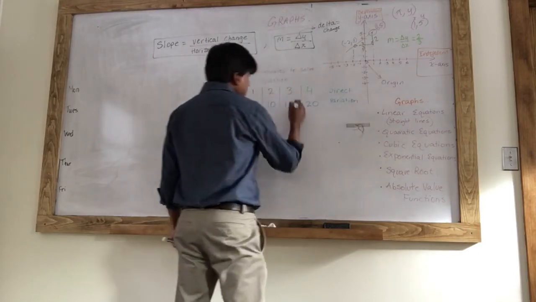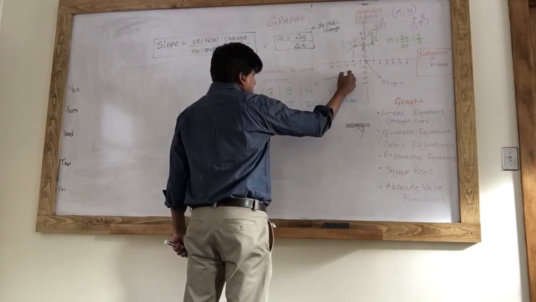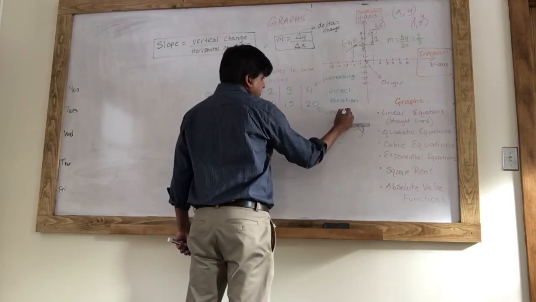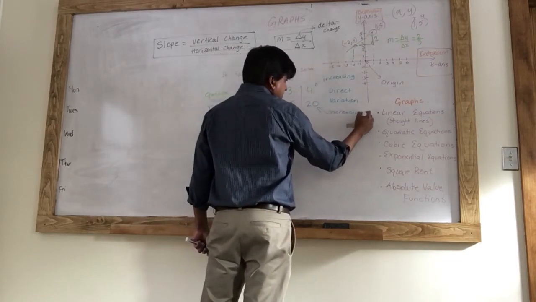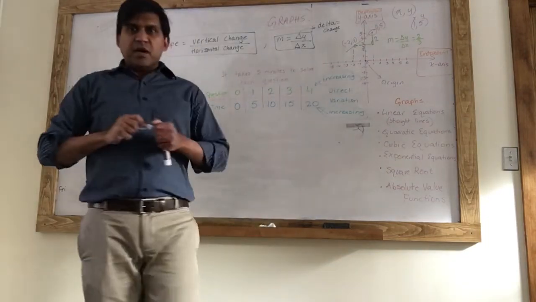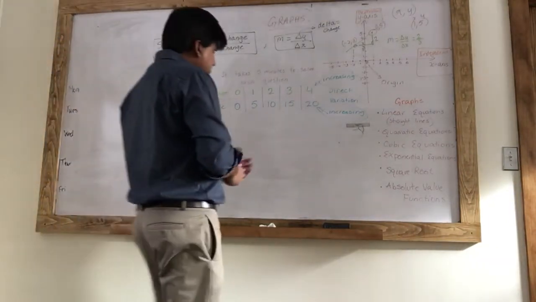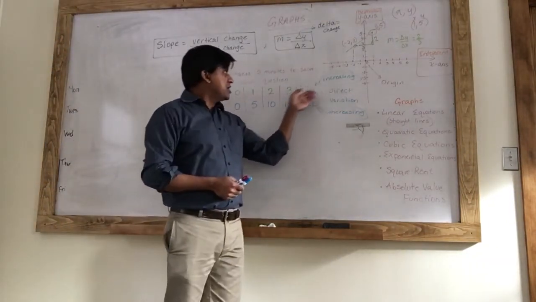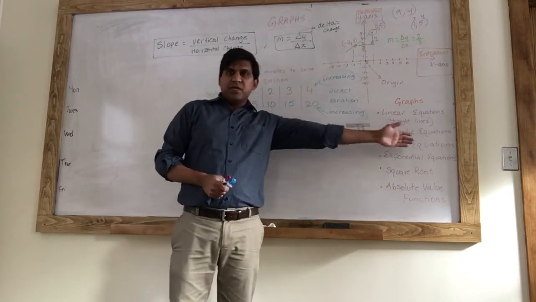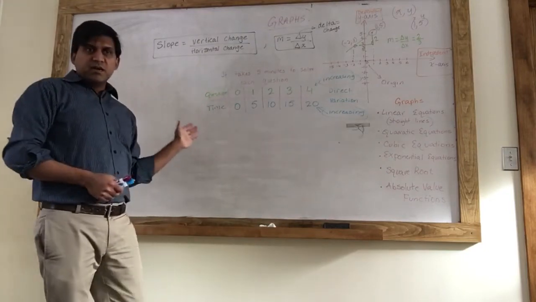So what happens over here is that this thing is increasing, and because of this increasing, this value also increases. For example, if you had a job and you were getting paid per hour, you'll notice that the more hours you work, the more money you make. The fewer hours you work, the less money you make.